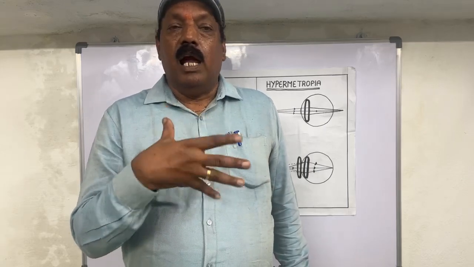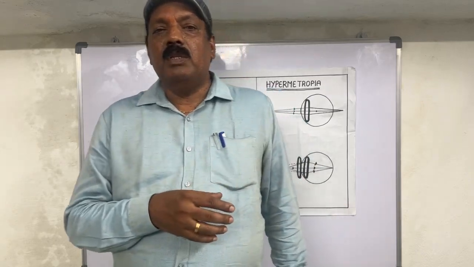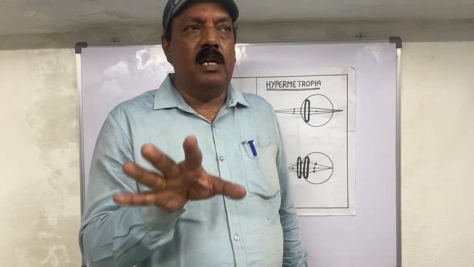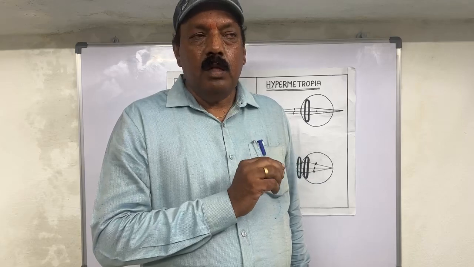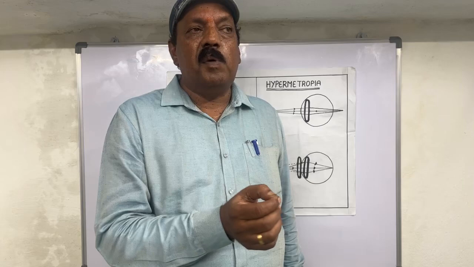The sun rays have all 7 colors: violet, indigo, blue, green, yellow, orange, red.